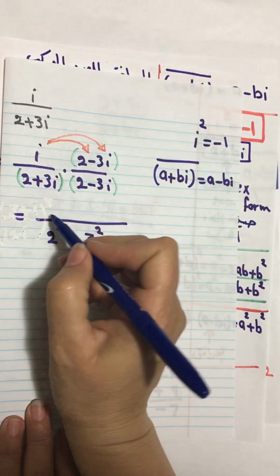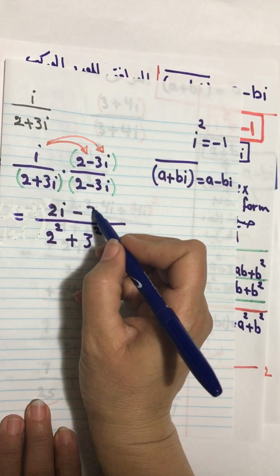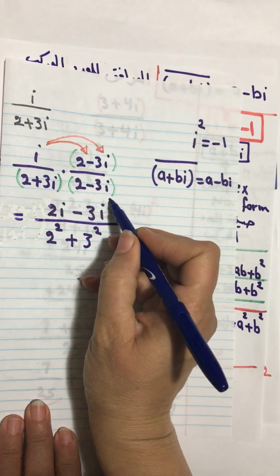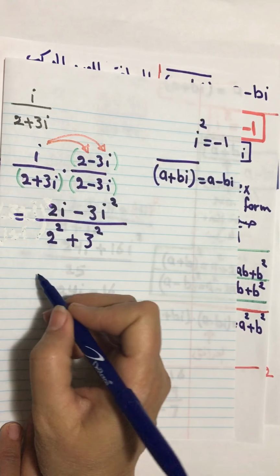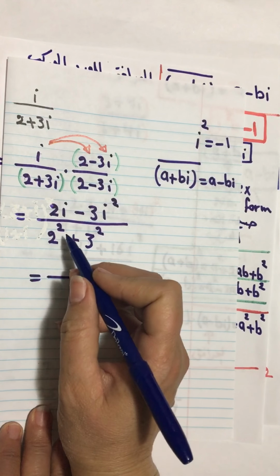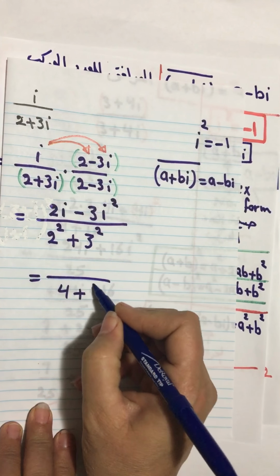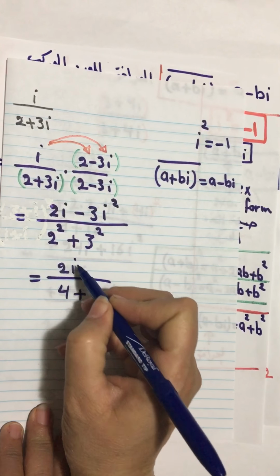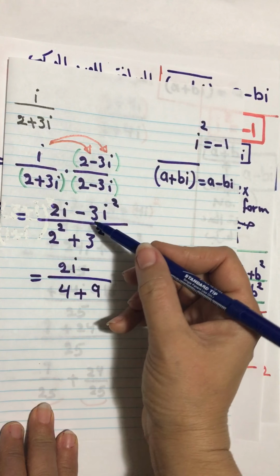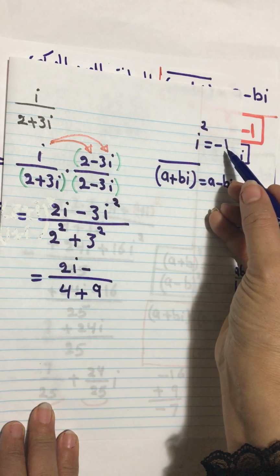i times 2, 2i, minus i times 3i, 3i square, equals 2 square 4 plus 3 square 9. 2i minus 3 times i square. i square equals -1.